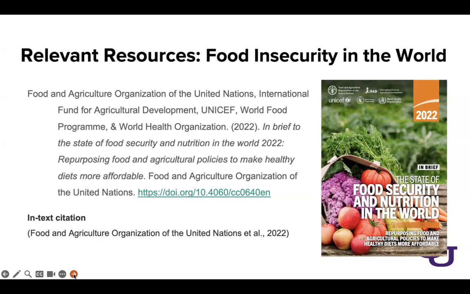You can access this report by clicking the DOI link here in our PDF, or you could just Google State of Food Security and Nutrition in the World, United Nations, and it'll pull it up. Several organizations collaborated on this report, as you can see from the extensive author list in our APA style reference. That's why it has so much great information.